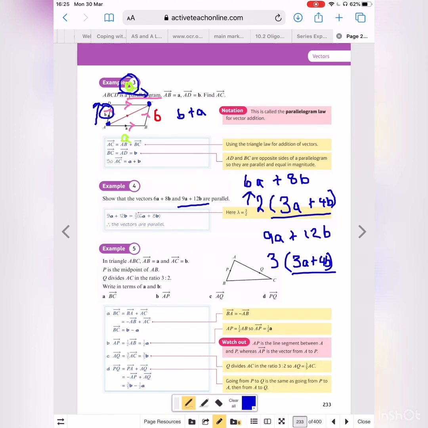That means that this vector has the same direction. It's not going to have the same length because the numbers are not the same. This is two lots of that vector, so if we were to draw that vector, let's say that that's 3A plus 4B.